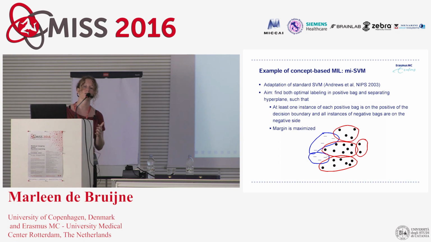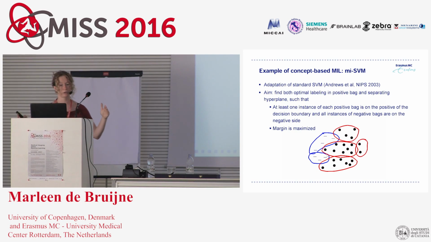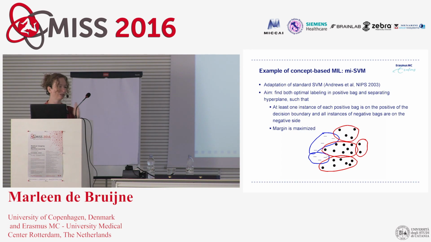All negative instances are on the negative side, and the margin between the positive and negative labels for all the instances is maximized. Now this is something you can't just optimize directly.